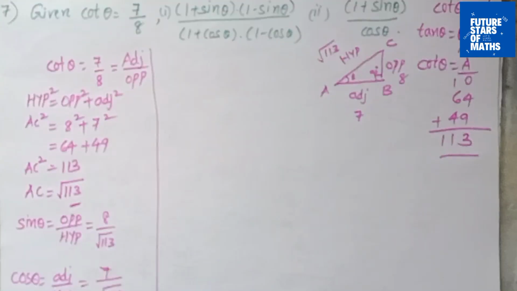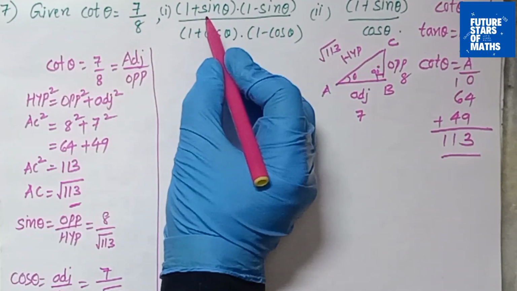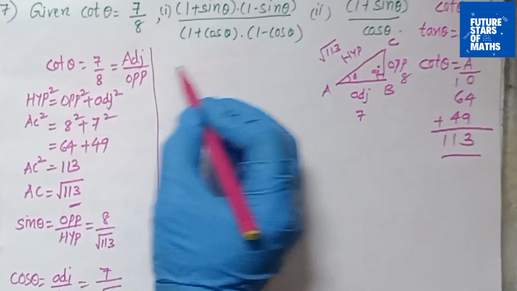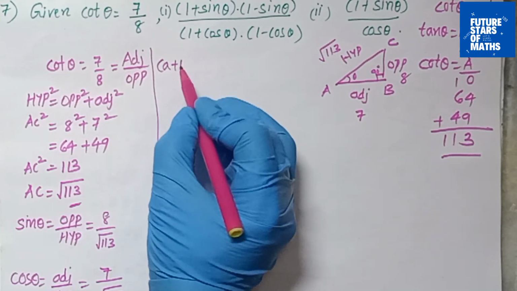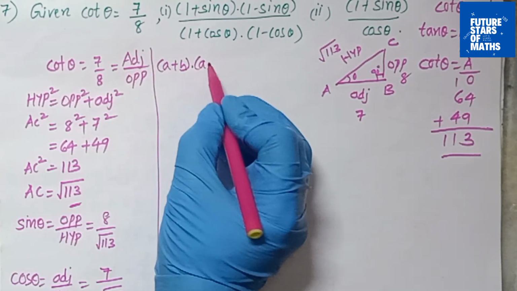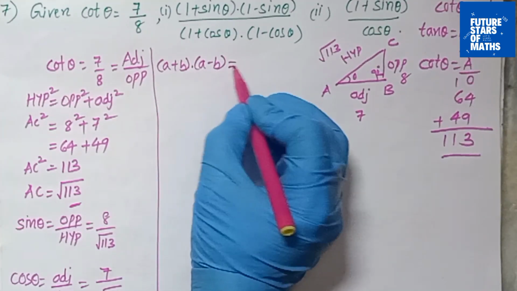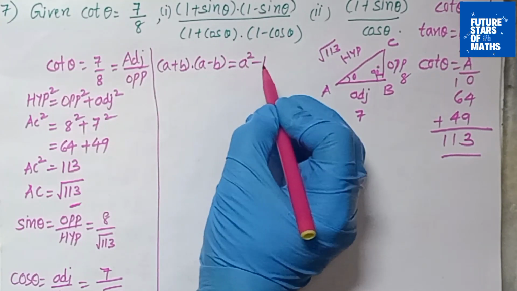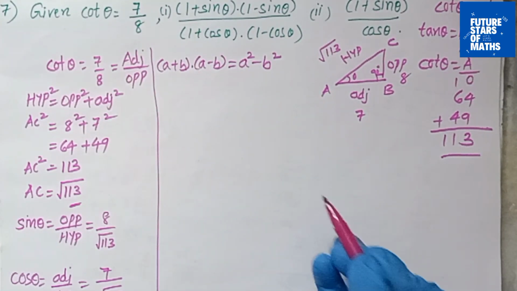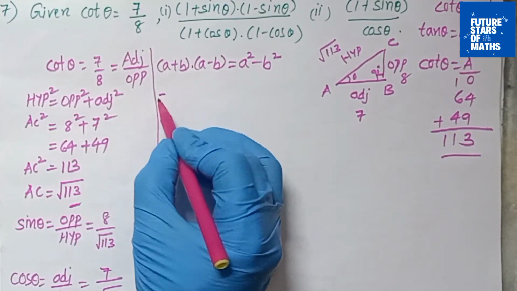Now what do we have to find? This is nothing but of the form (A plus B)(A minus B), so this can be written as A square minus B square. So here we will substitute this.